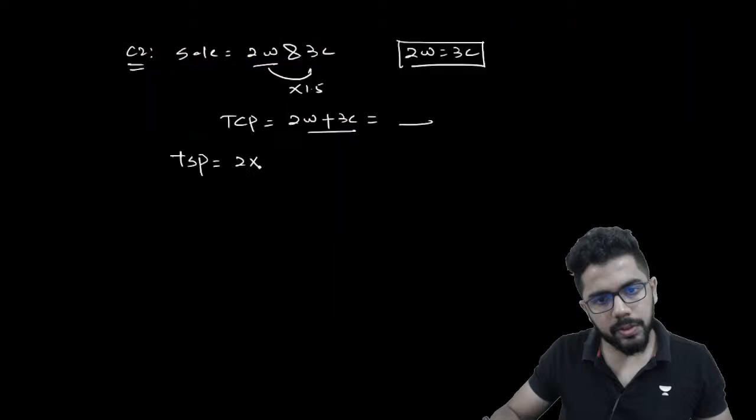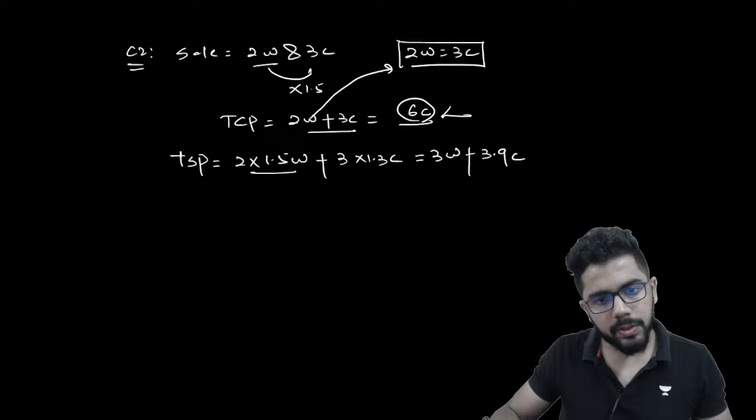So 2 woolen he will sell at a 50% profit and 3 cotton he will sell at a 30% profit. So this comes to 3W plus 3.9C. Okay, so it is better to convert everything to C. Here 2W is equal to 3C, so 3C plus 3.9C, total selling price is 6.9C. I have converted in terms of cotton.